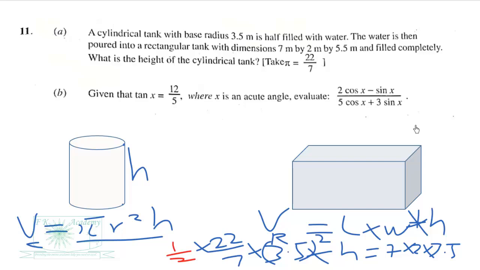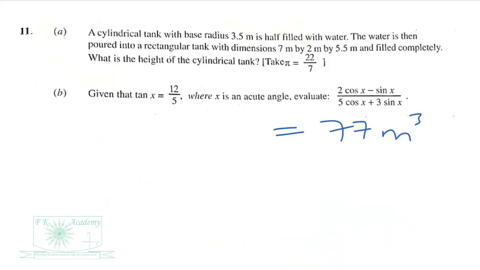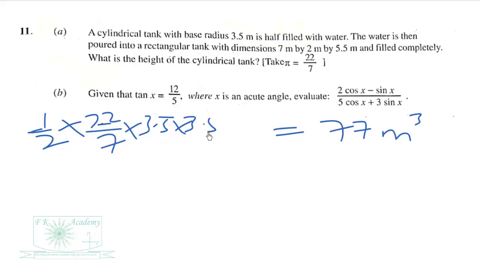Then on the left hand side, we can expand and simplify. So we had something like 1/2 times 22/7 times 3.5 squared, so 3.5 times 3.5, times height h.